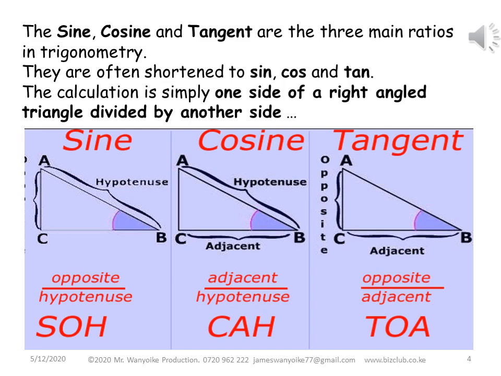Then cosine of an angle is given by adjacent over hypotenuse. C equals A over H. In the third triangle, tangent of an angle is given by opposite over adjacent. T equals O over A. And that's how we get the acronym SOHCAHTOA.